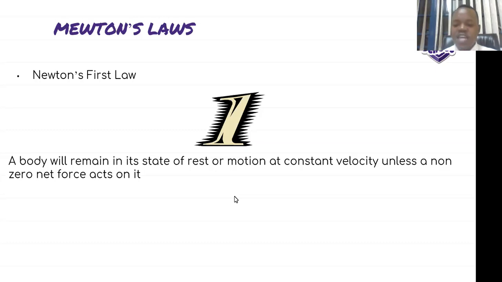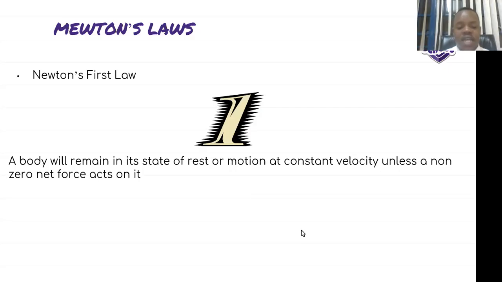But if the net force on the object is not 0, then the object is going to move, and as it moves, we know that it will accelerate. That is, in a nutshell, what Newton's first law of motion implies.